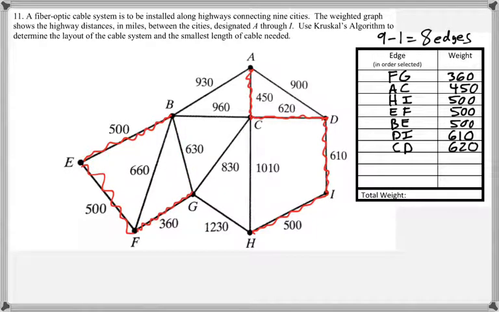Then would be 660, but I don't want to include that edge because that would also create a circuit. So then the next highest value is 830, which is CG, and that does not create a circuit, so we are going to include it.